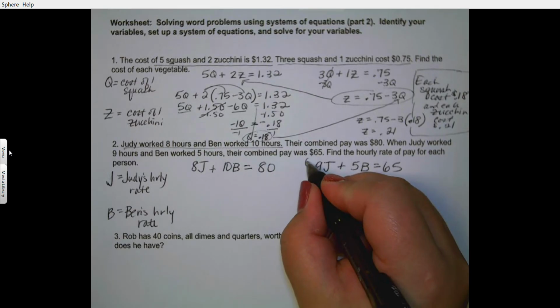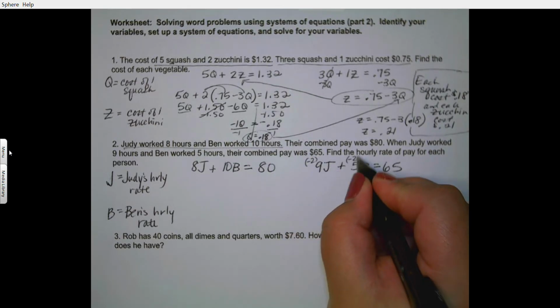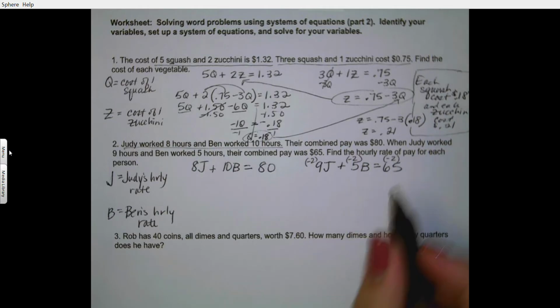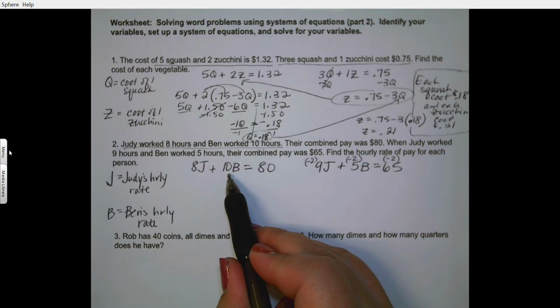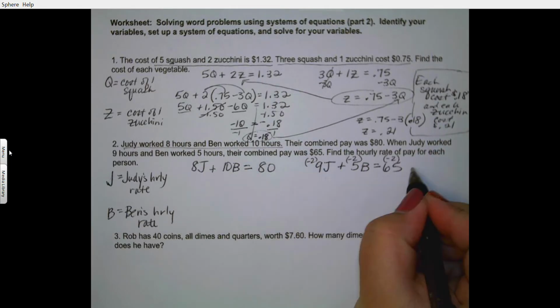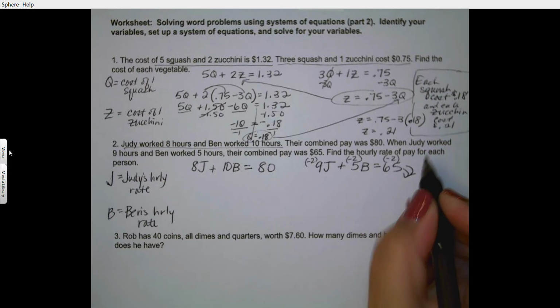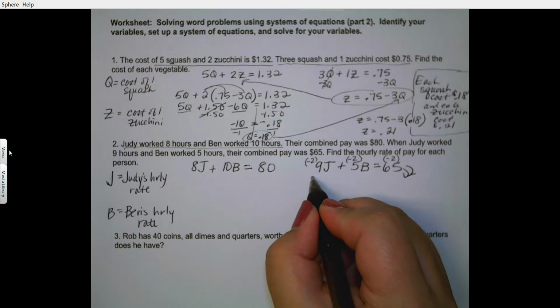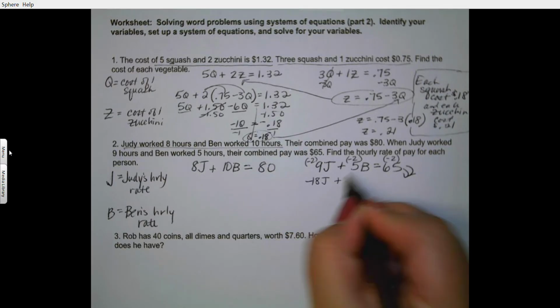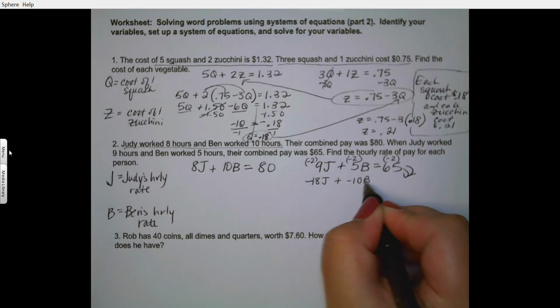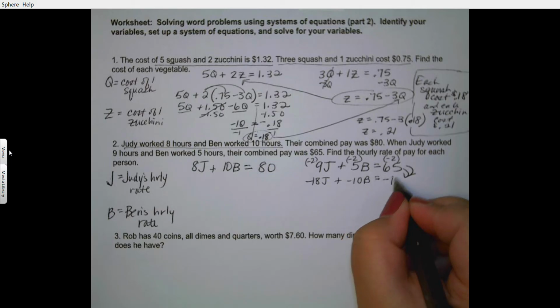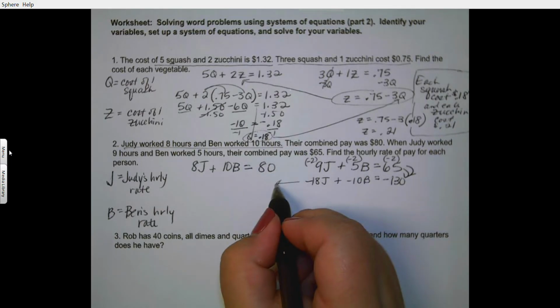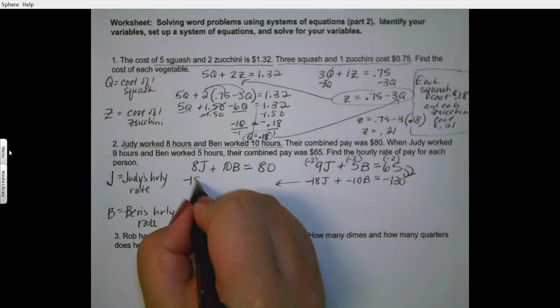So I'm going to multiply by -2, because then -2 times 5 is -10, which will actually cancel out my B's. So I'm just going to rewrite this underneath here. -2 times gives me -18J plus -10B, and then 65 times -2 is -130. And now I'm going to write this right underneath so that I can use elimination.